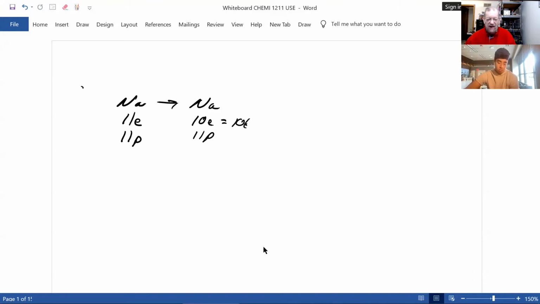Each electron is a -1. Each proton is a +1. So this is +11, -10, add them together, you get +1.